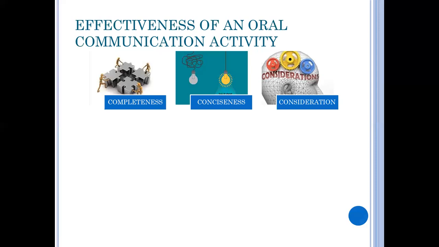So effective communication must take audience into consideration. So identified examples are the audience viewpoints, background, mindset, education level, and etc. So you have to consider these few things before having an effective oral communication.